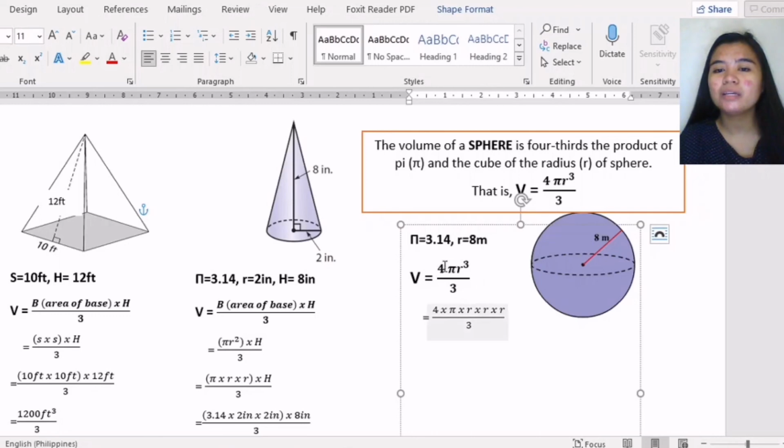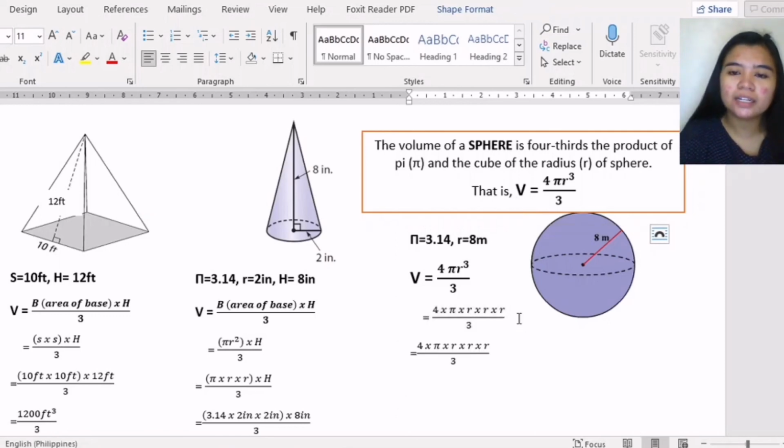So, ang formula na binigay, that is 4 pi r cube divided by 3. So, kung hihimayin natin yan, so that is 4 times pi times r times r times r. Kasi yung r raised to the third power, ibig sabihin, we're going to multiply r 3 times. Okay? So, ayan na. So, kokopyahin ko lang to para magsa-substitute na lang tayo. Ayan. So, equal, and then copy ko lang.